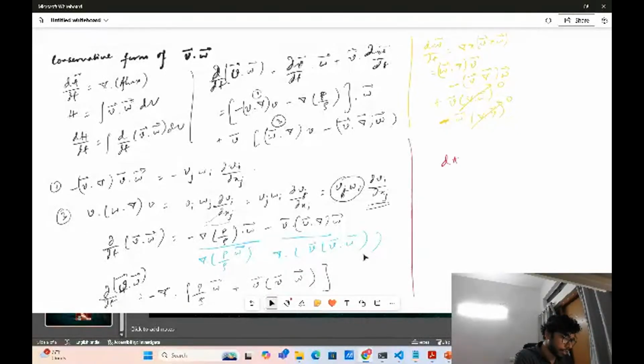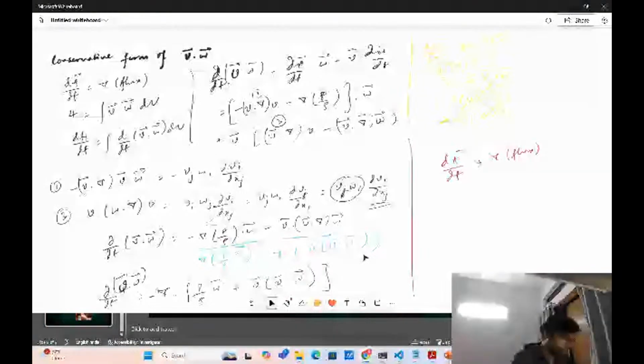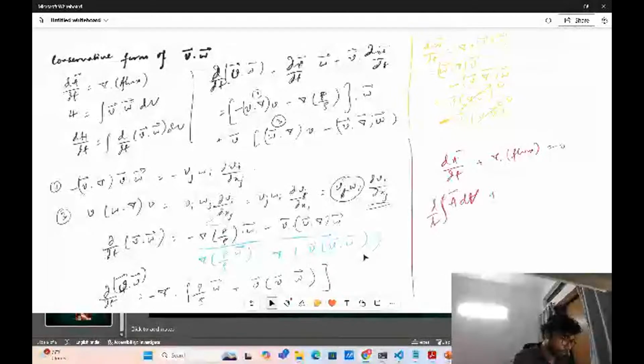So anything in conservative form, del A del t plus del dot flux equals 0, you can always integrate it. So del t of A dv plus del dot flux dv equals 0.